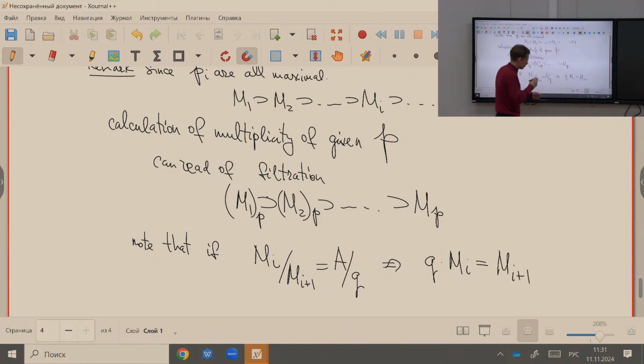So it will be a subset of m_(i+1). But notice, yeah, so we have inclusion.